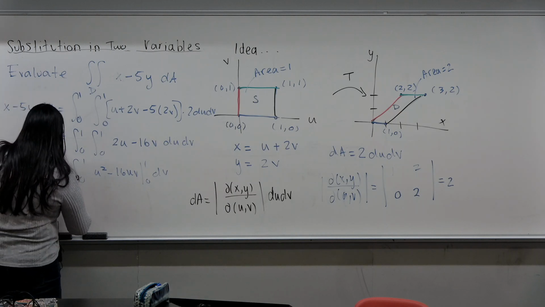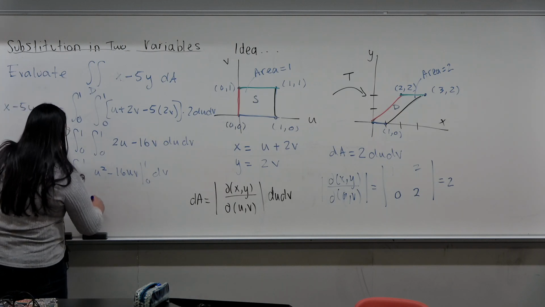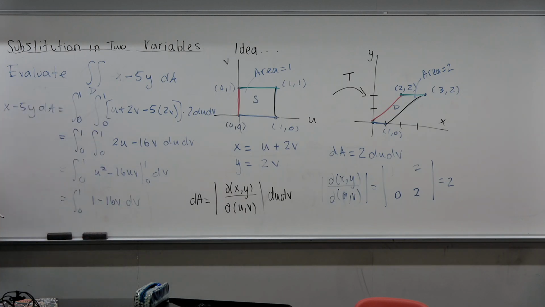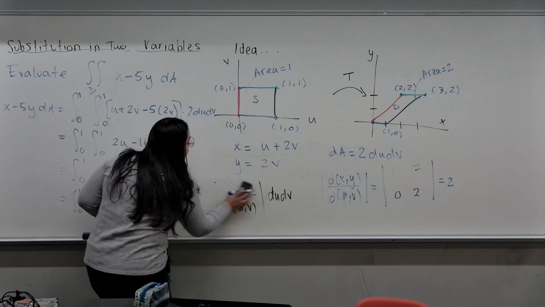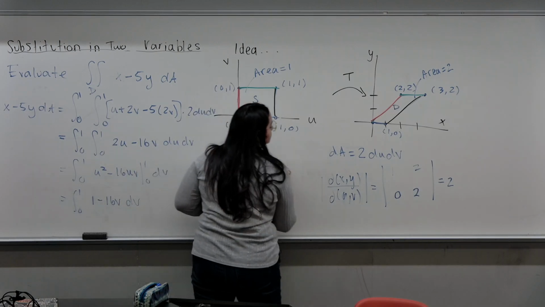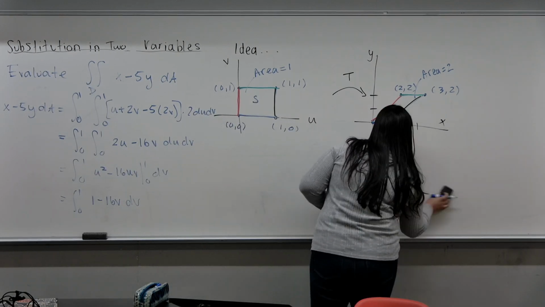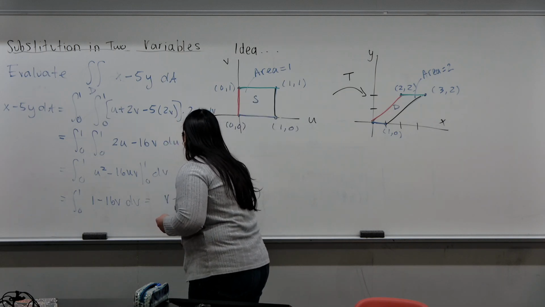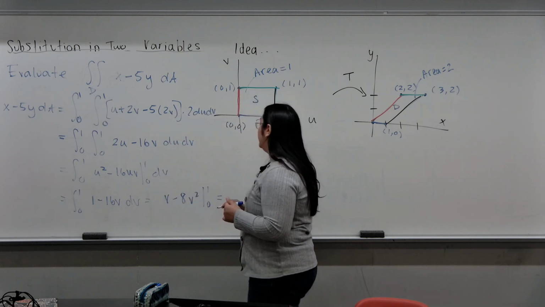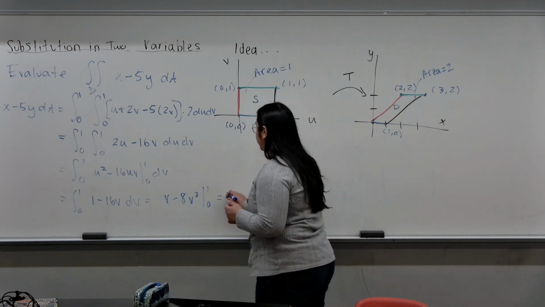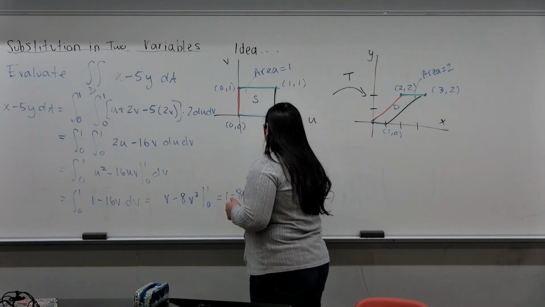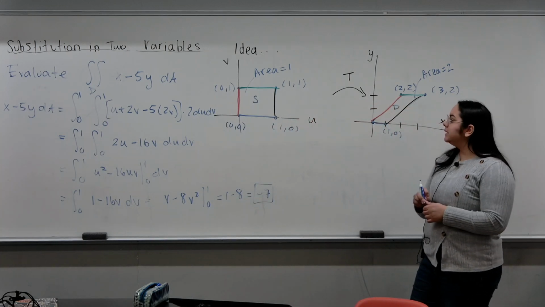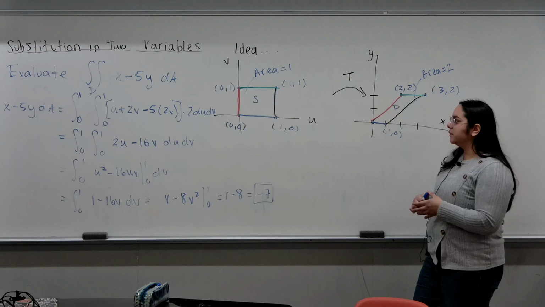When we evaluate, we get 1 minus 16v dv. Integrate with respect to v. We get v minus 8v squared, and evaluating at the upper and lower limits, I get 1 minus 8, which is negative 7, right?